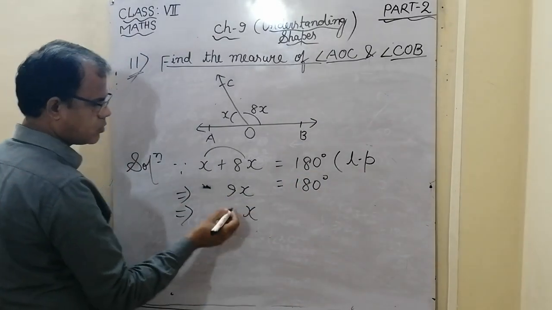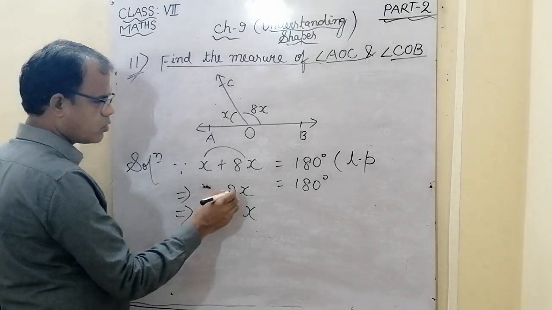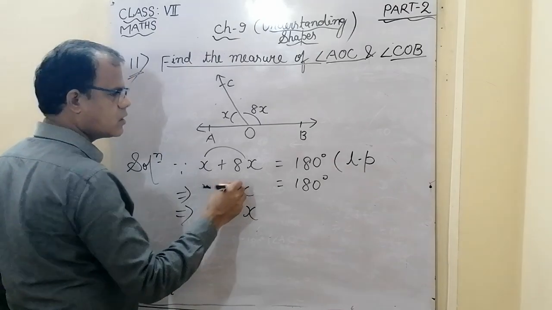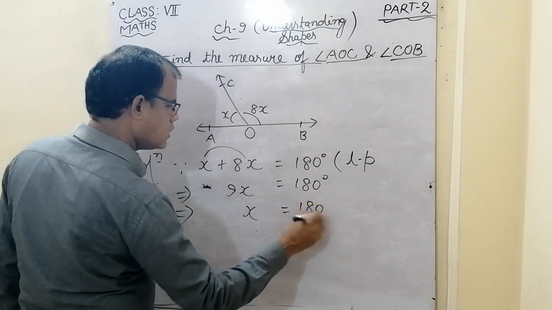x equals, here you see 9x means 9 multiplied by x. So when we shift this 9 to that side, multiply becomes divide. So 180 divided by 9.